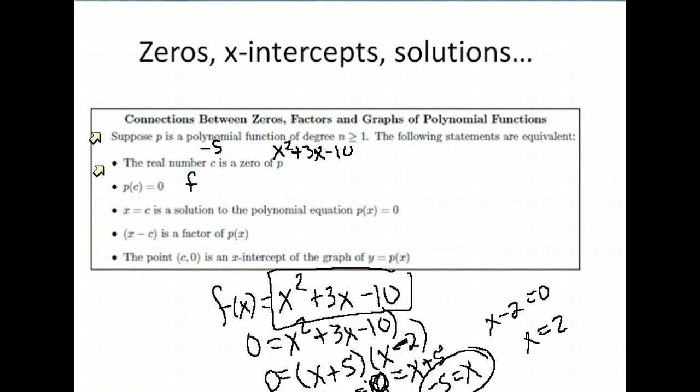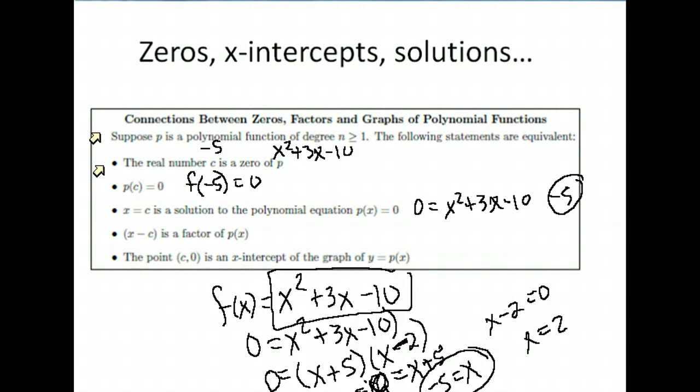Also, if we put f of negative 5, if we plugged negative 5 in for x, we would get 0. X equals c is a solution when we set it equal to 0. We found that there. If we put 0 equals x squared plus 3x minus 10 and solve it, negative 5 will be one of the answers, and it was.